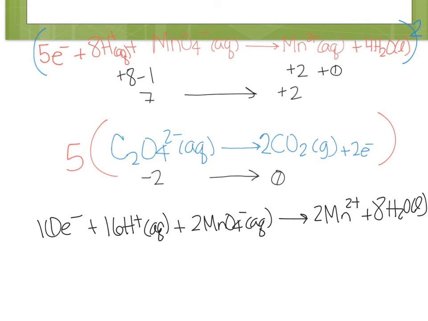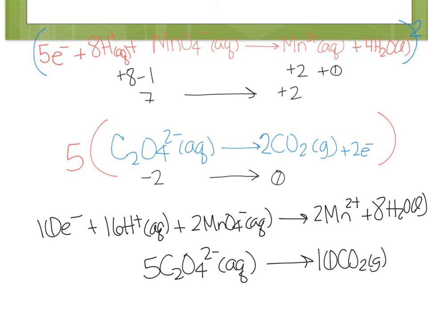And then for my oxalate, I should have 5C2O4 2 minus aqueous going to 10 CO2 gas plus 10 electrons.